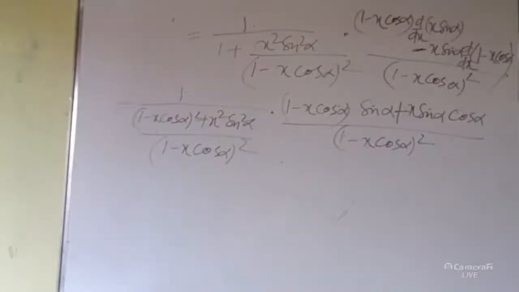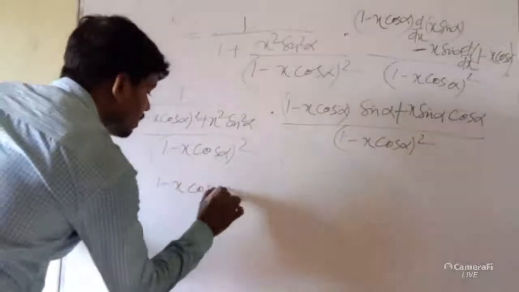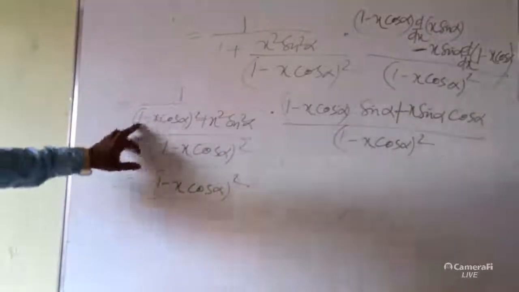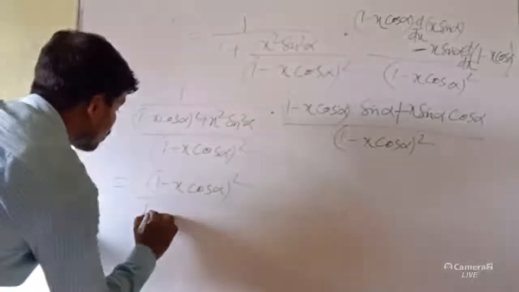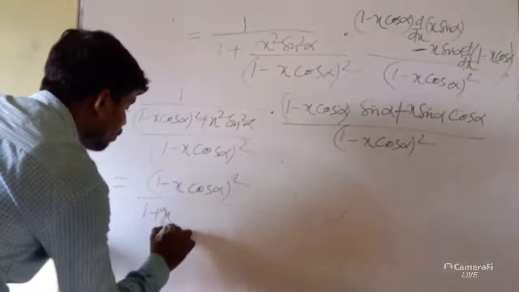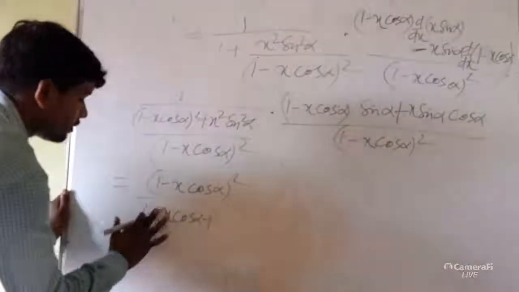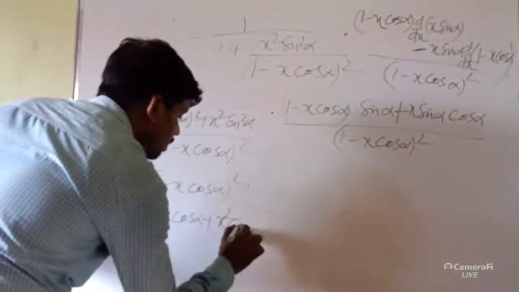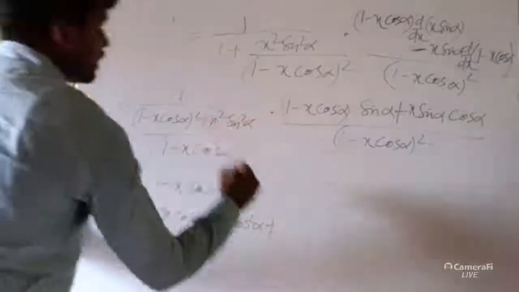Now we can write here the whole square of 1 minus x cos alpha, and this becomes 1 minus 2x cos alpha plus x square cos square alpha plus x square sin square alpha.